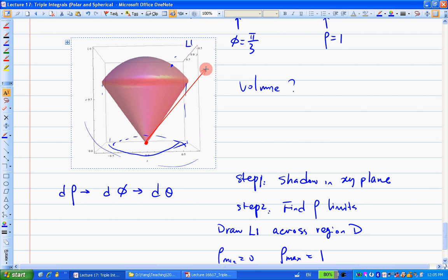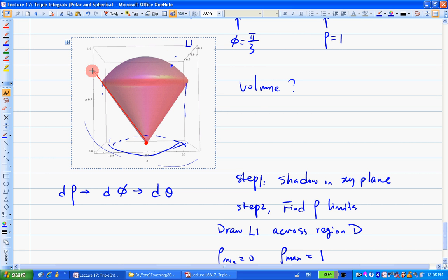Find the min angle and max angle for phi that contains this solid. You start from here, sweep up over here. When you start here, it's already intersecting this region, and then you end up here.